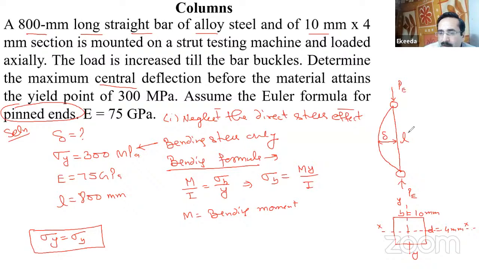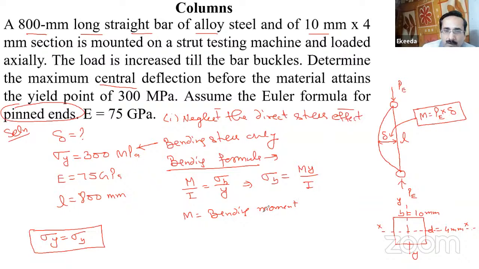And what is bending moment? That is load multiplied by deflection. So here it is producing a bending moment like this. So here at this point, the bending moment will be given by M is equal to load multiplied by deflection. This deflection we have to find out, right?